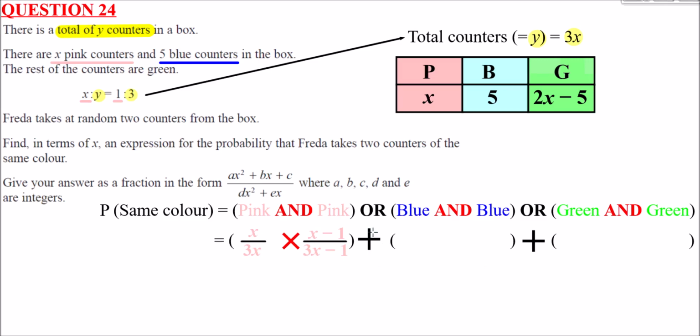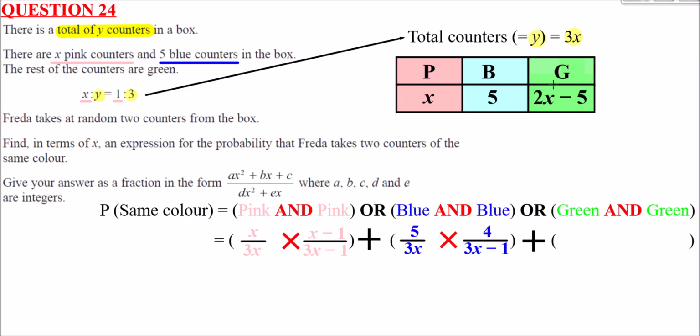Or, so now we add the probability of blue and blue. The chance of picking a blue first would be 5 out of a total of 3x. But we multiply that by 4, because now there'll be 1 less blue. 1 less than 5 is 4. And 1 less counter in total, 1 less than 3x, becomes 3x minus 1. Finally, or, so we add the probabilities of green and green.